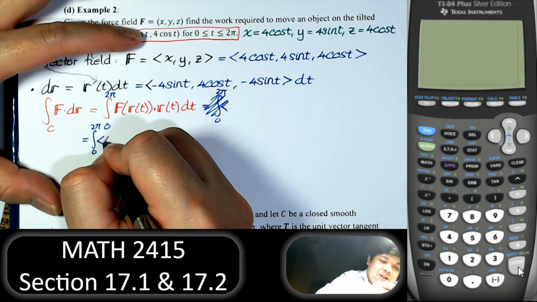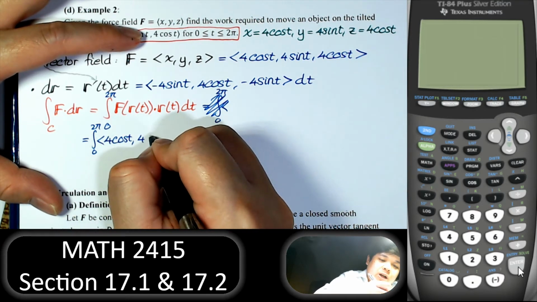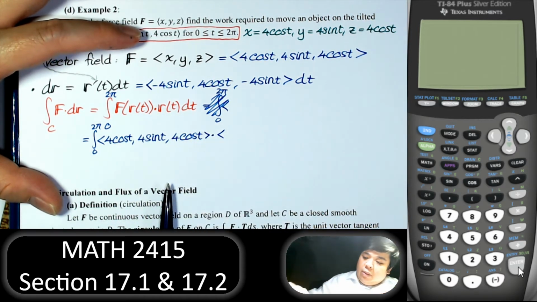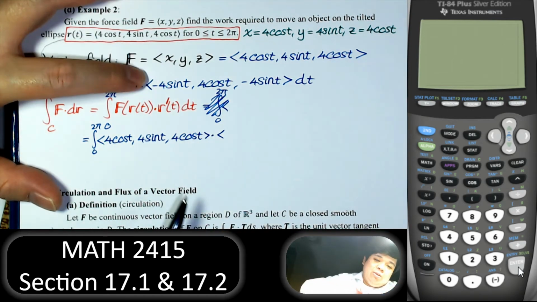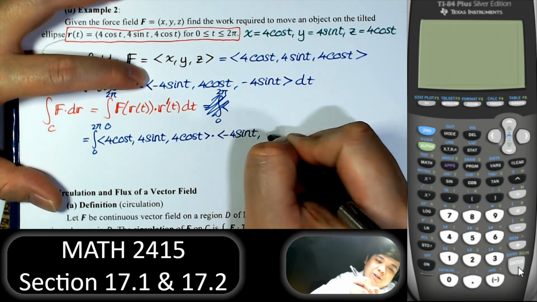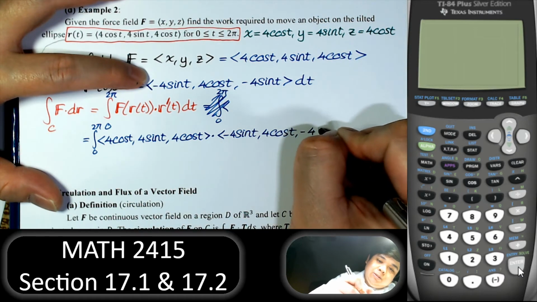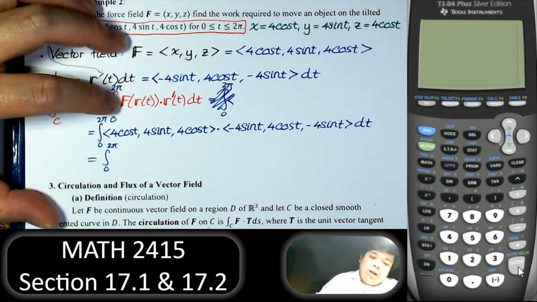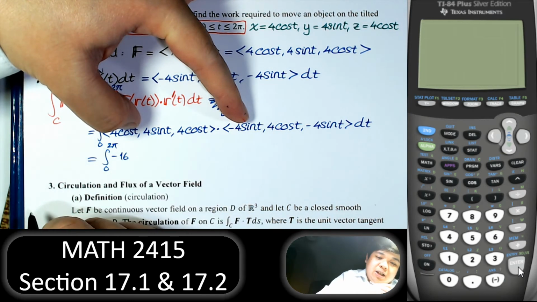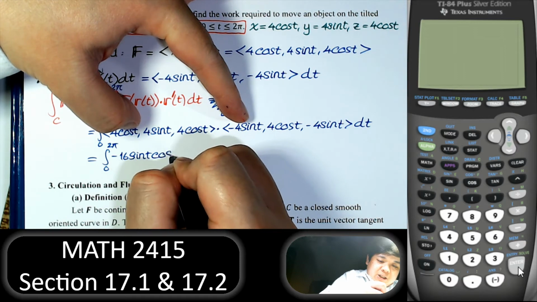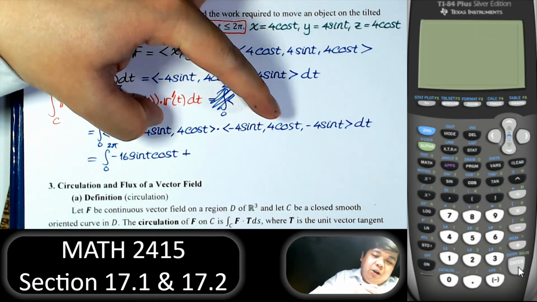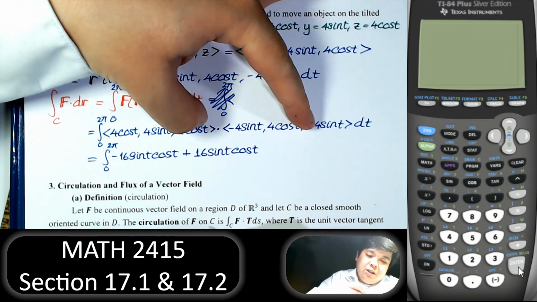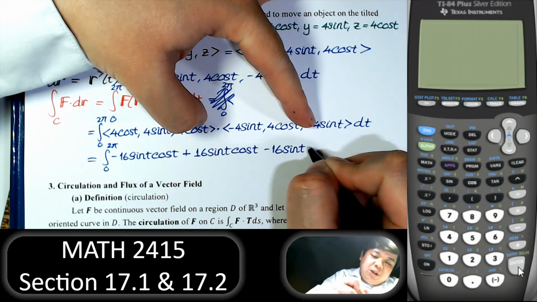Alright, so the vector field might not have enough space here, so let's just write it on the next line. The vector field 4 cosine t, 4 sine t, 4 cosine t, dot the derivative with this. So first, the first is negative 16 sine t cosine t plus 4, that will be 16 sine t cosine t minus 16 sine t cosine t.